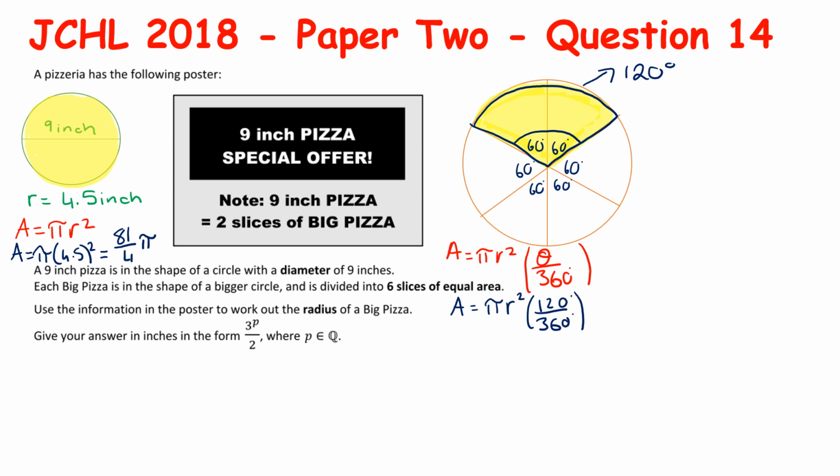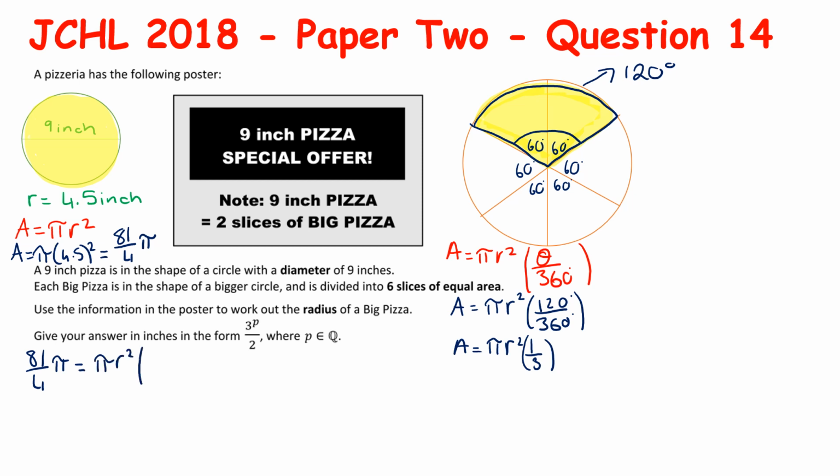So that's pi r squared and a third. So because these two pizzas, the pizza on the left and the 2 slices on the right, because they're equal, we can say that 81 over 4 pi is the same as pi r squared times a third.